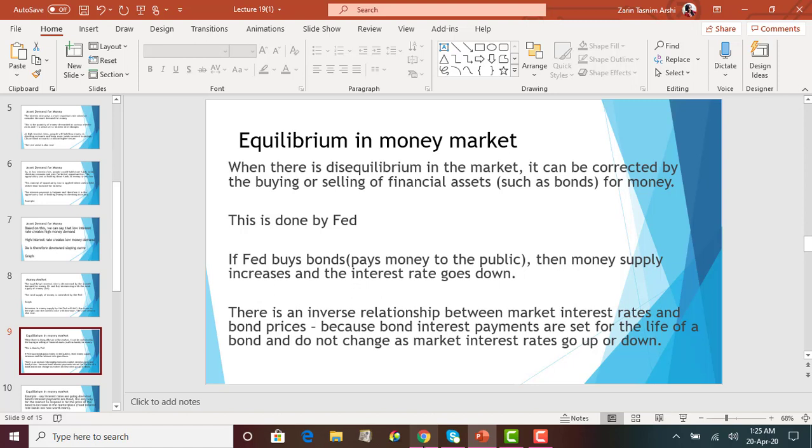Okay, and one thing we have to know from here is that there is an inverse relationship, or a negative relationship, between the market interest rate and the price of the bonds. The bonds that the Fed is selling or buying, the price of that is inversely related to the market interest rate. This is because the bond interest payments are fixed for life.